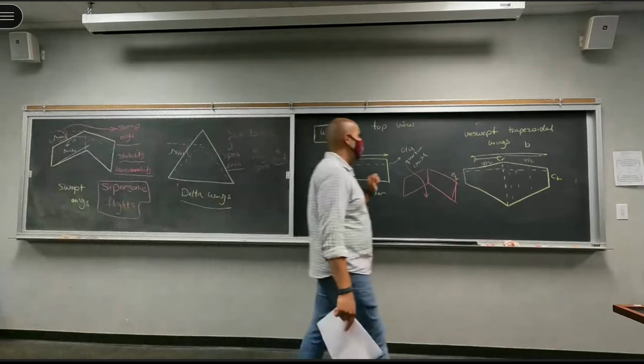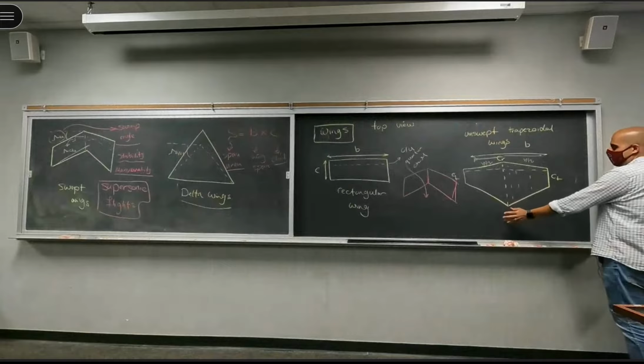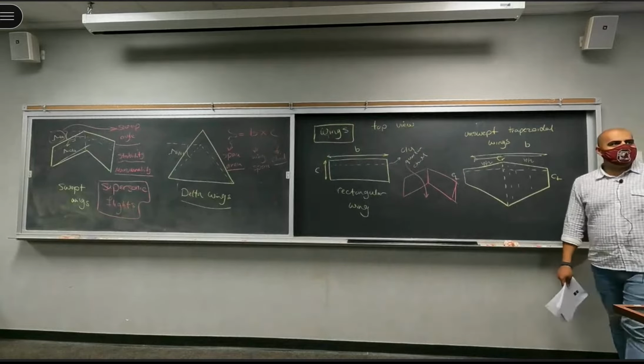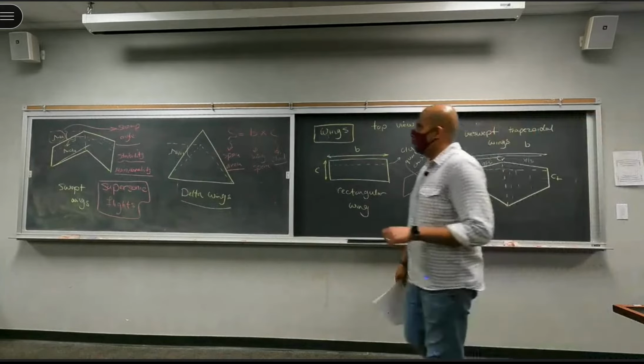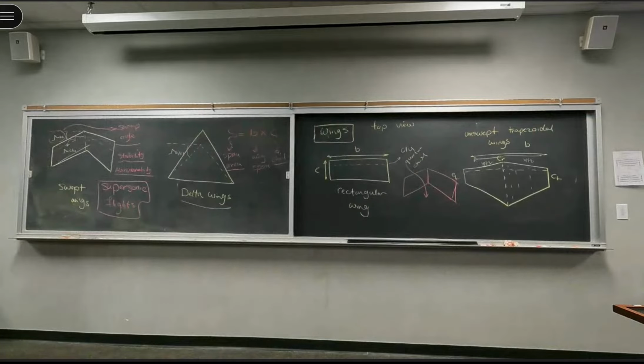But what if we are dealing with a tapered wing, a trapezoidal wing? How can we calculate this span area? One way of looking at it is to have the function of change for the length of the chord, and that makes it complicated.